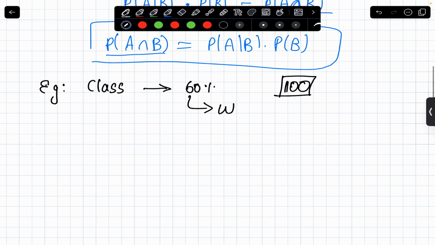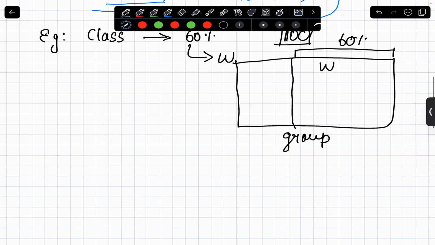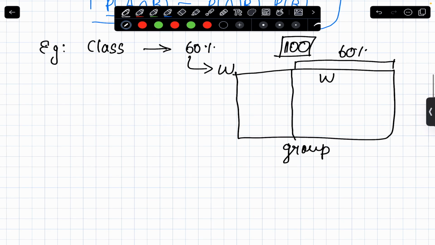If we visualize this, this is the group or the class, and this part is the 60% who are women. And in these 60%, 40% of the women are married. So in a group, we have 60% women, and of them, 40% are married.